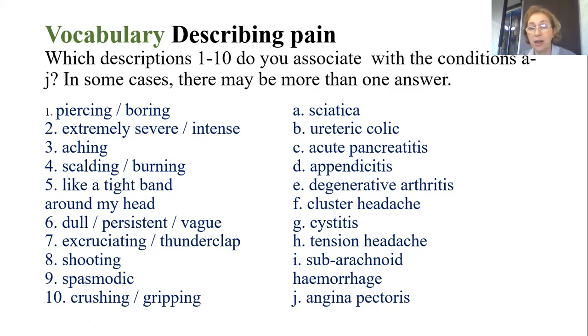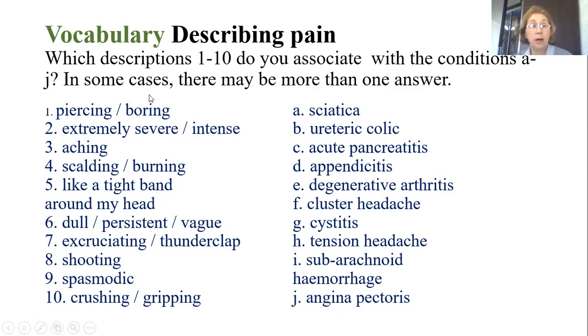This is G, cystitis. It's like cyst forming. Yes. At the bottom of the stomach, right? Cystitis. Or angina pectoris. So which part of the body is involved in angina pectoris? Chest. Chest, yes, chest, heart.